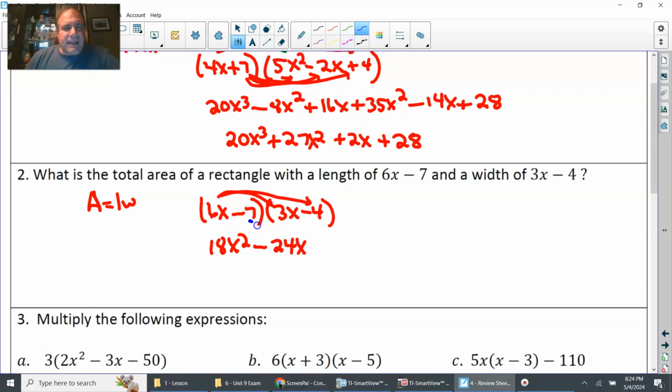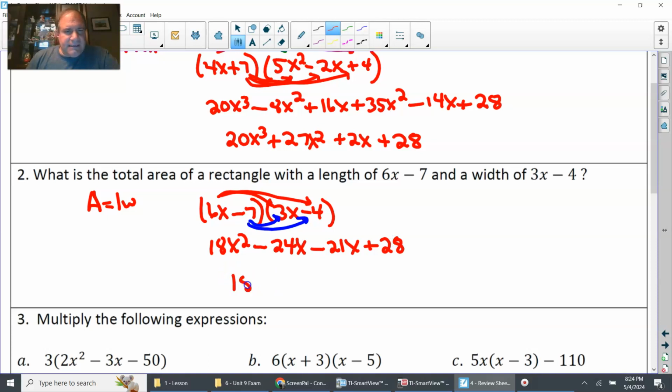Then we have negative 7 times 3x is negative 21x, and then negative 7 times negative 4 is positive 28.